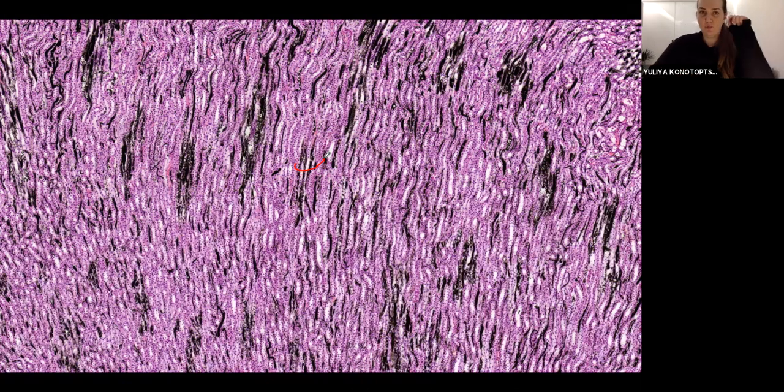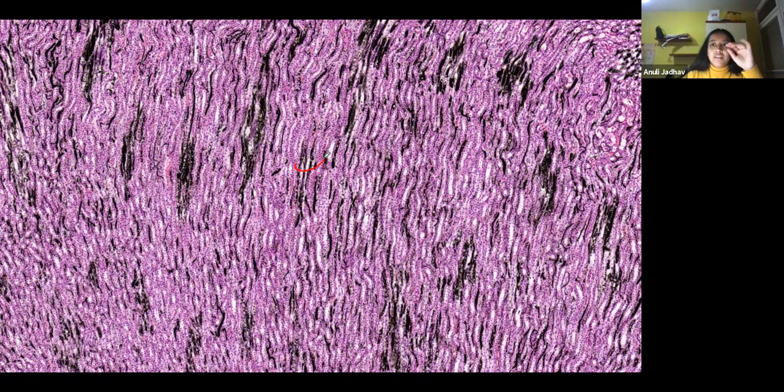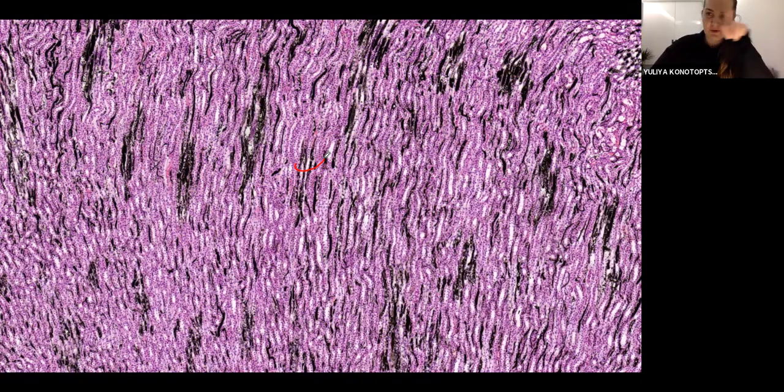Yeah. Where exactly? In the superficial cortical. So where do we have it? How do you call the area where loop of Henle is in the cortex? Medullary ray. Medullary ray, very good.